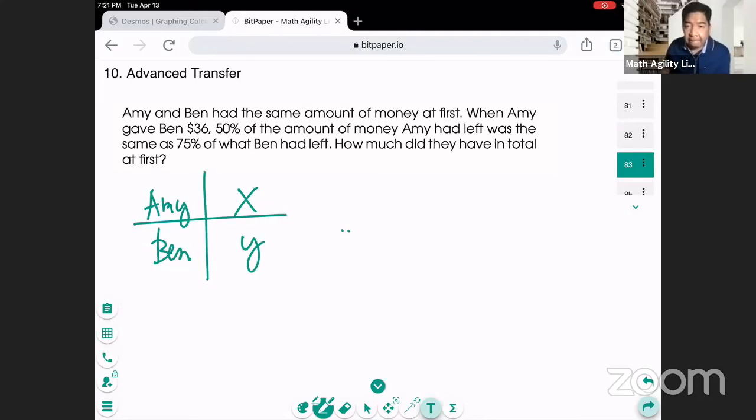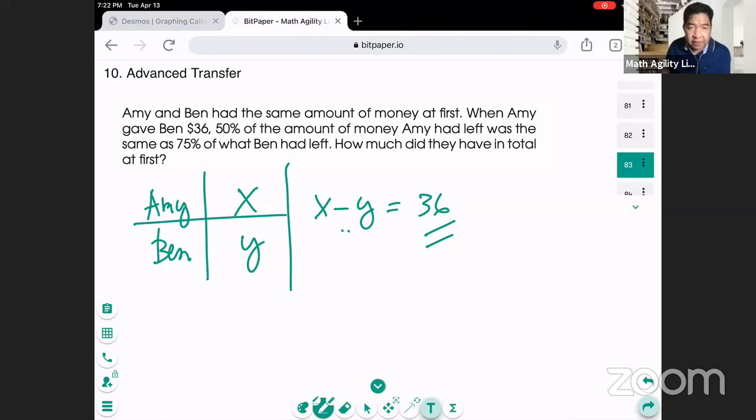So, when Amy gave Ben $36, when you subtract these two together, X minus Y, the difference should be 36, right? Because Amy gave 36 to Ben. So if you subtract the money of these two persons, the difference would be 36, right?